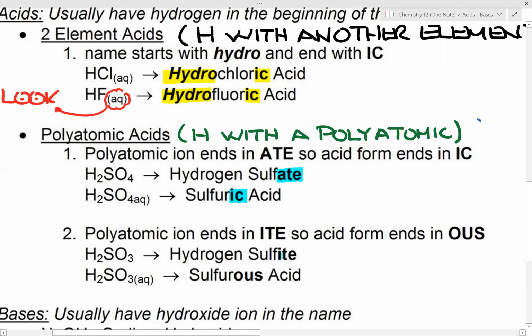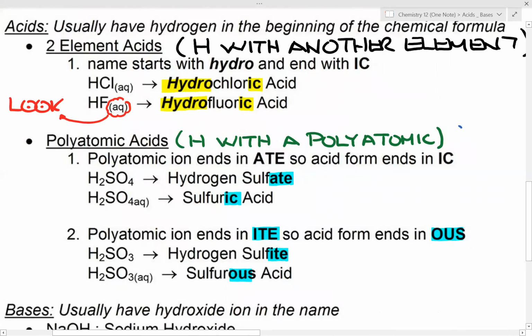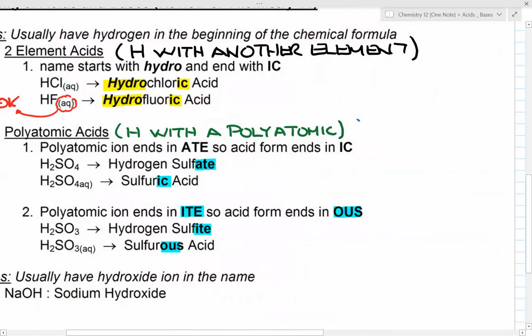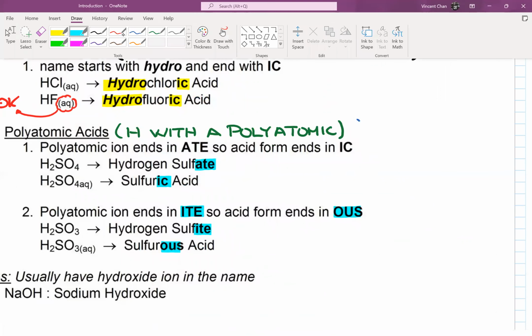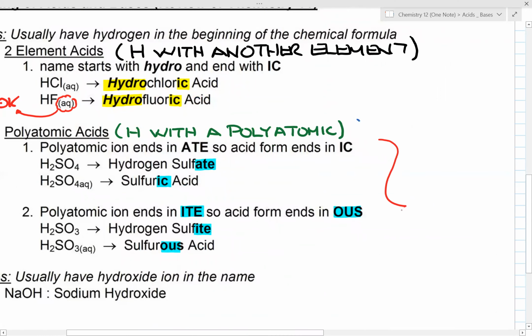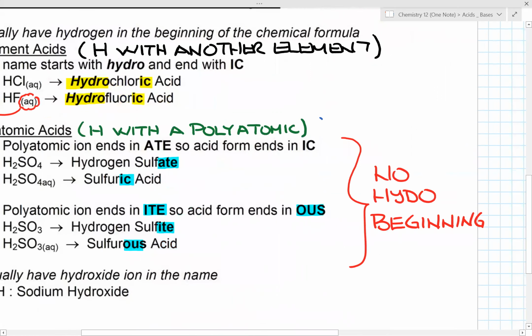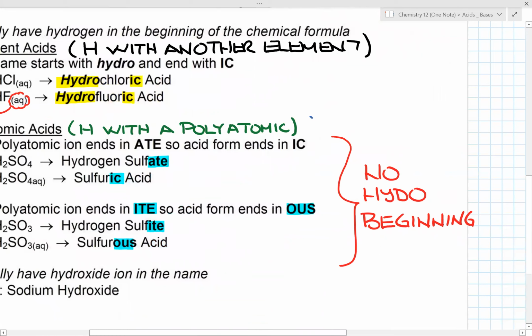If it is an ITE ending, it ends in ous, like hydrogen sulfite and sulfurous acid. Notice the key difference here is there's no hydro beginning.